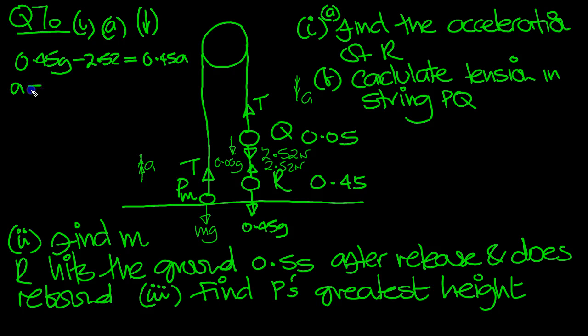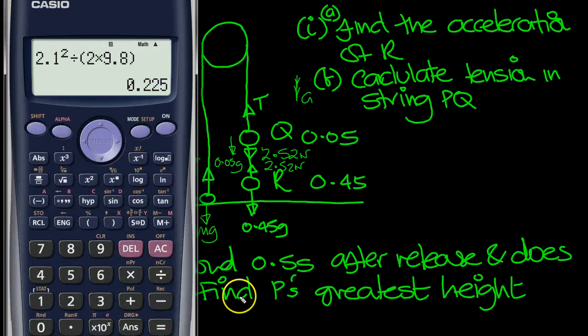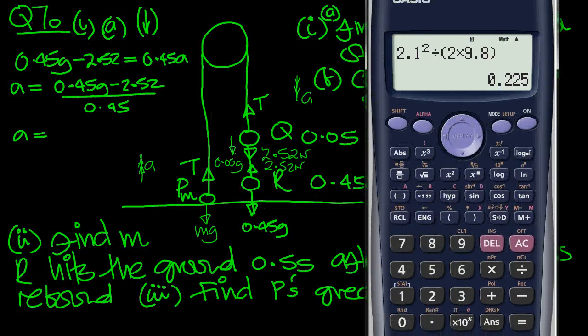So A is equal to 0.45 g minus the 2.52, divided by 0.45. So the acceleration, let's tap it in the calculator.